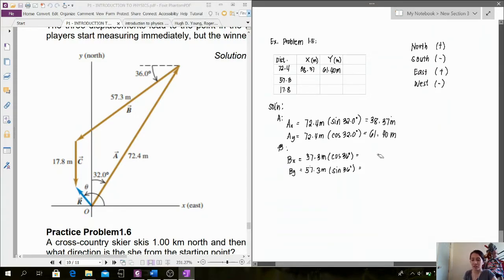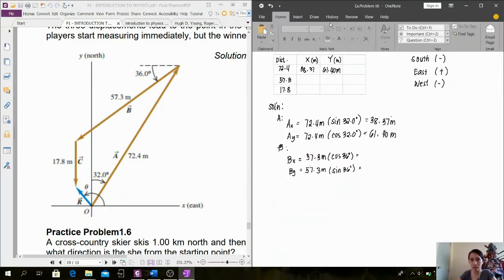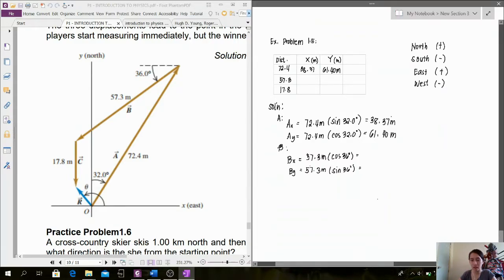So again, 57.3 cosine 36 is equal to 46.36 meters. And for the sine, 33.68 meters.